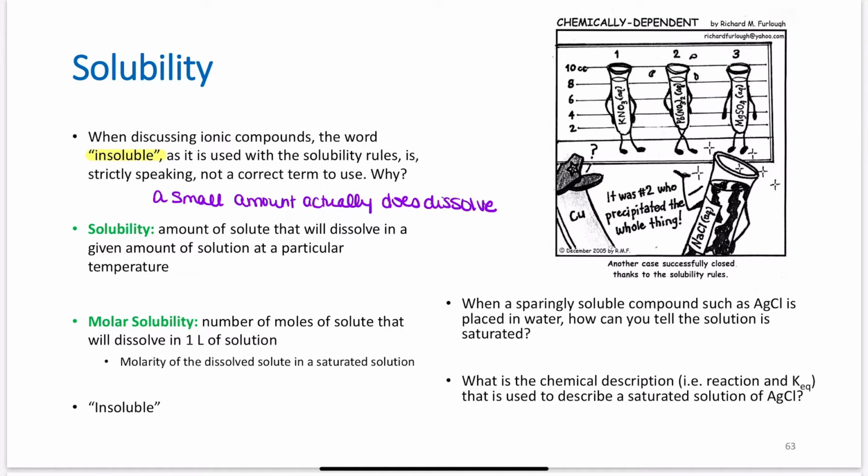Depends on the compound. Solubility is defined as the amount of solute that will dissolve in a given amount of solution at a particular temperature. Why do we specify solution here and not solvent? Solution takes into account everything in solution.